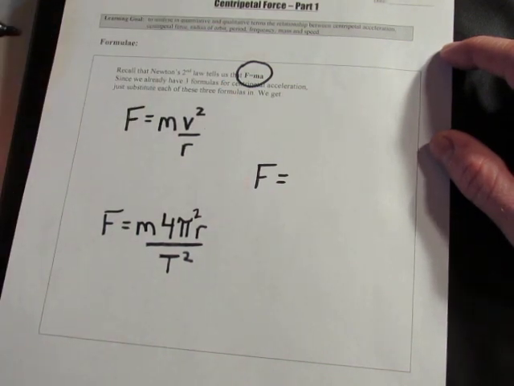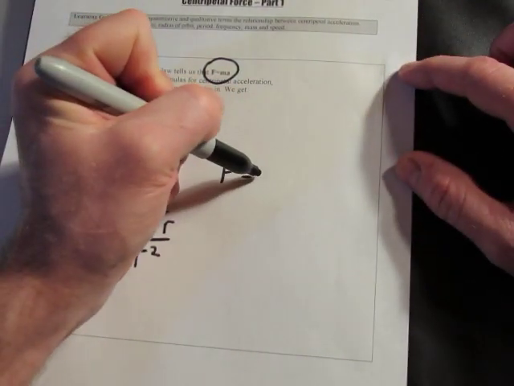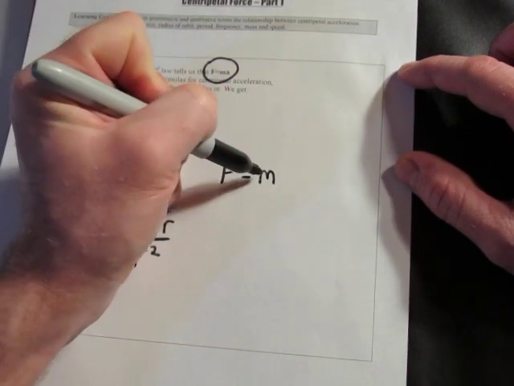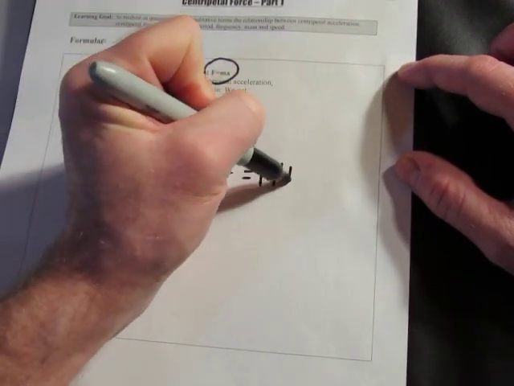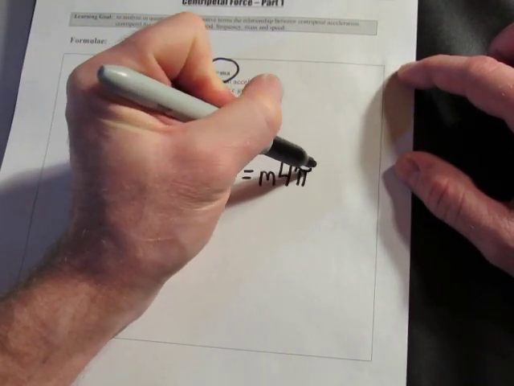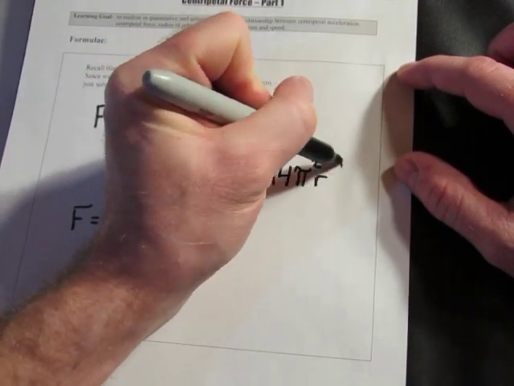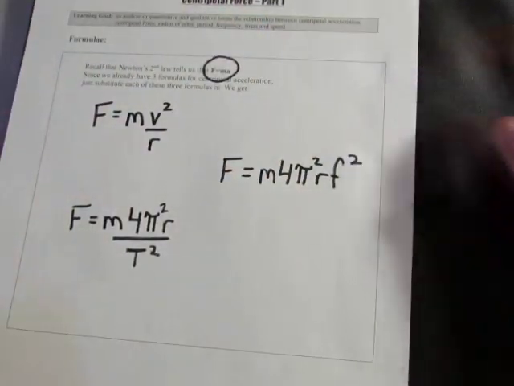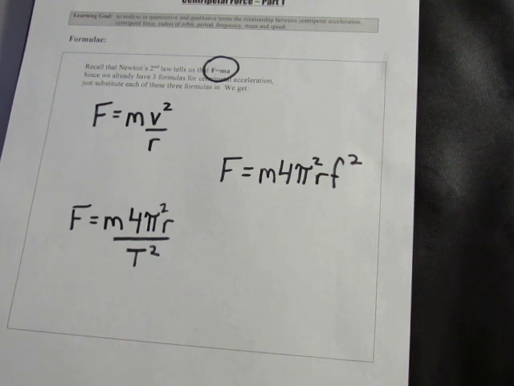And your third force formula will be the other one, F equals ma, and we had one other acceleration formula, 4 pi squared r f squared. So these are the three centripetal force formulas that we're going to be using over the next couple of days. Today we're only going to do one particular case, and it's probably only going to use formula number one, but let's see how things go.